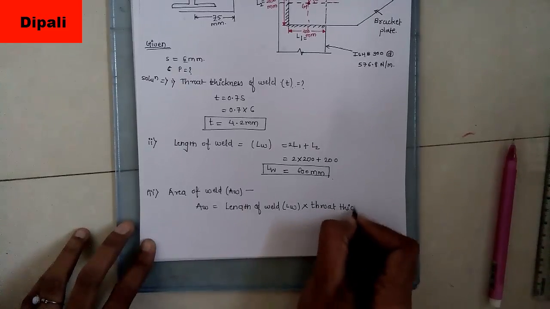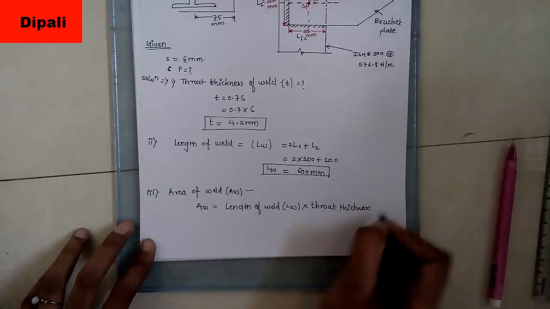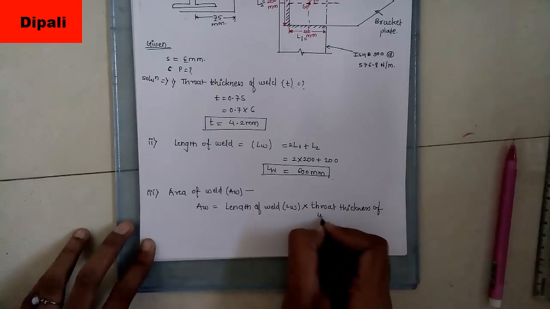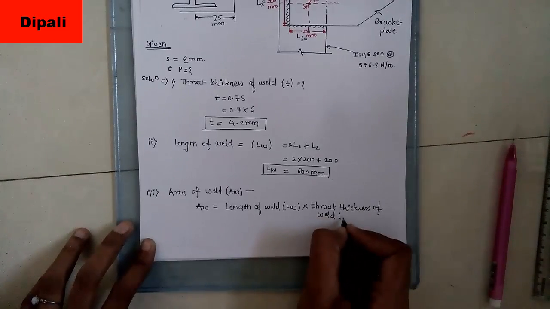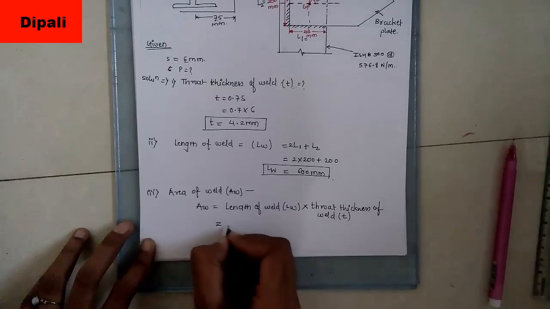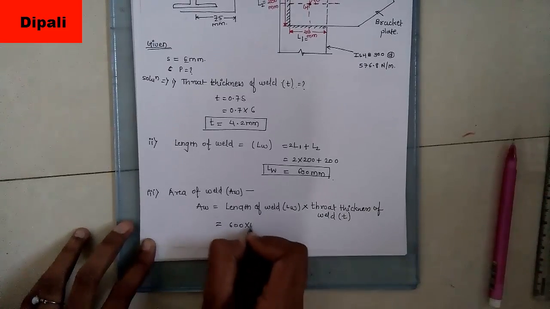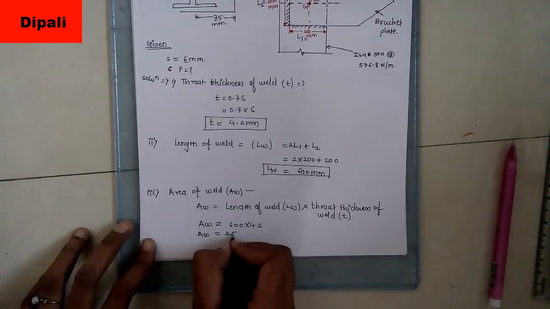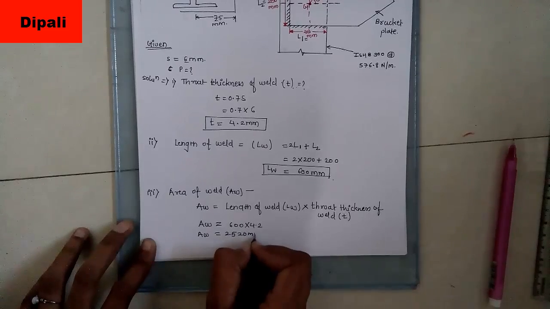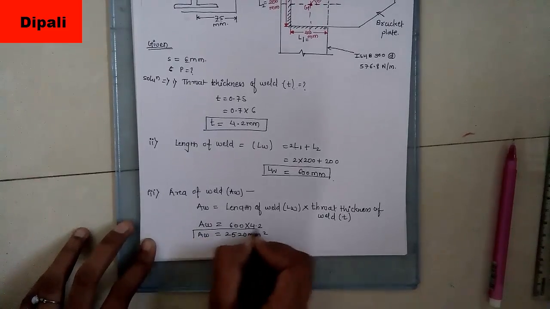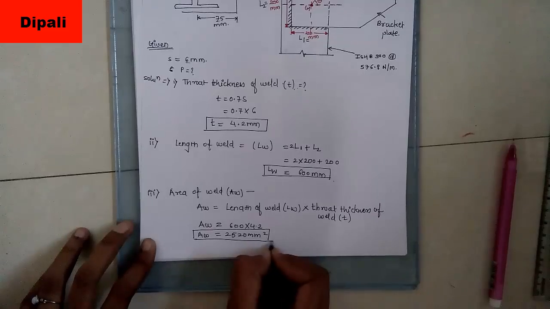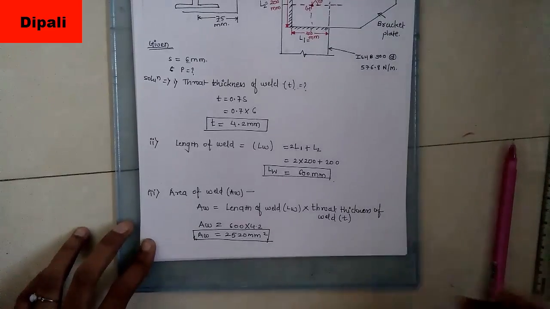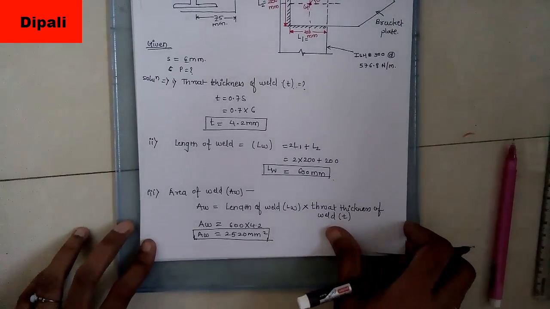As we have already calculated both values, 600 into 4.2, after calculation we get 2520 mm square.